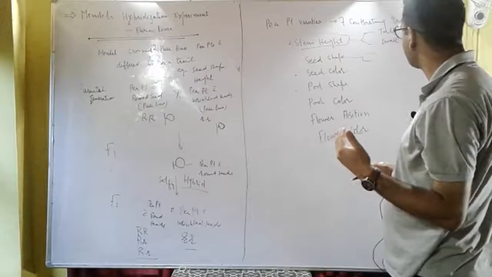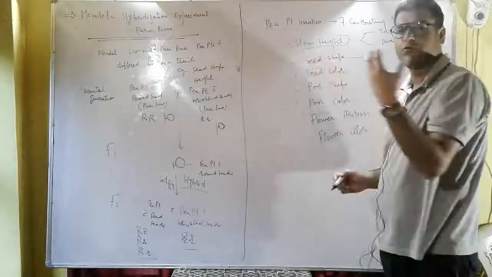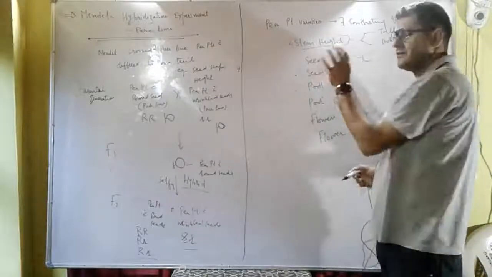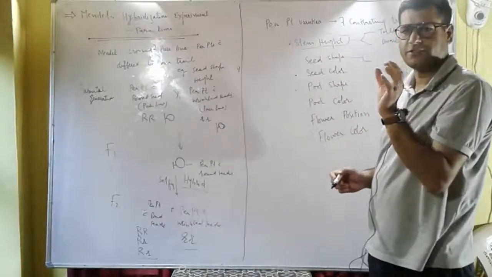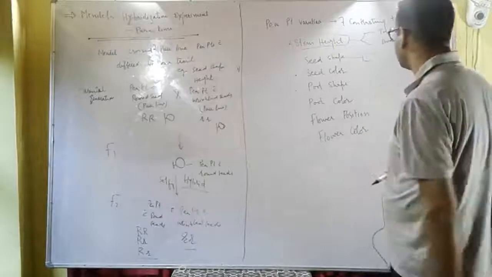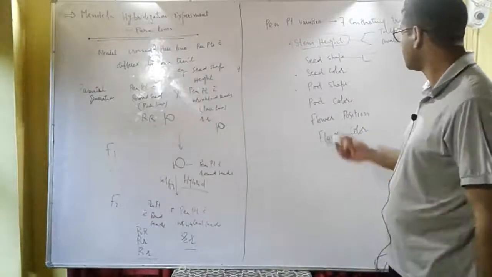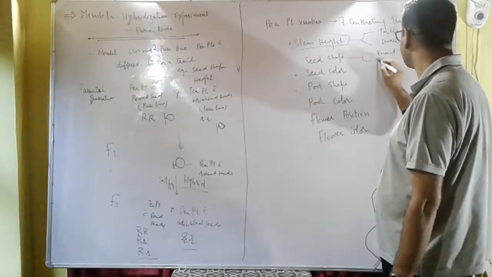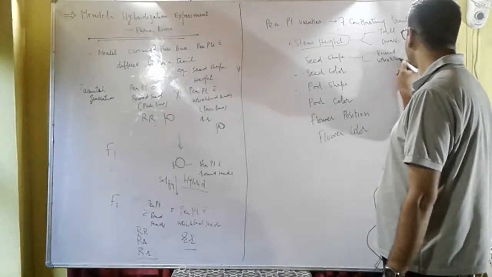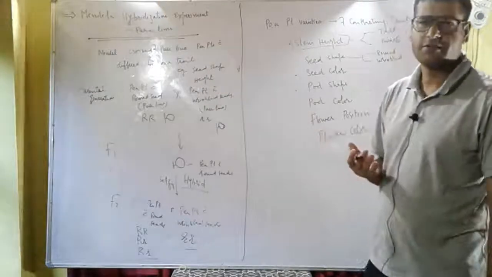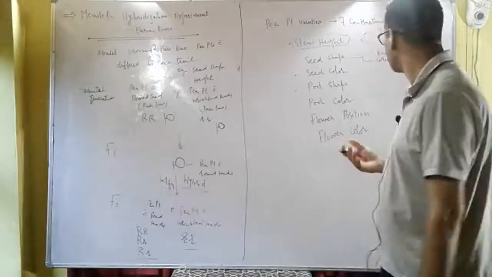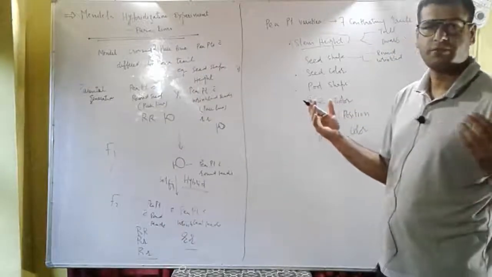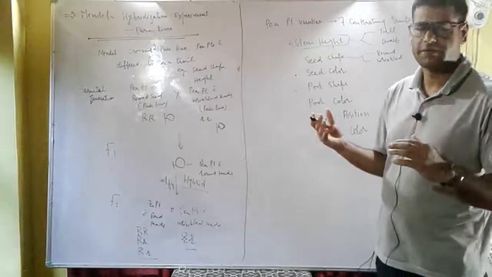Same is the case with seed shape, which has two contrasting characters, round and wrinkled. Some pea plants have round seeds and some have wrinkled seeds. He crossed the pea plant with round seeds with the pea plant with wrinkled seeds.